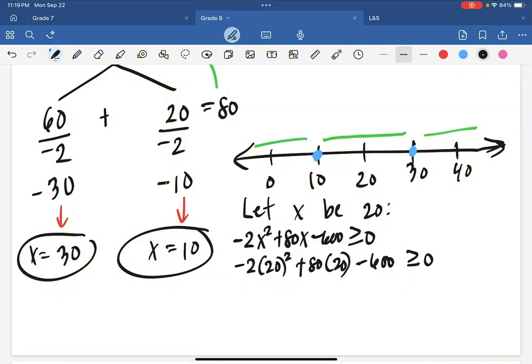I'm just gonna use my calculator since you're also allowed to use it. We get 200 as a result, and 200 is greater than or equal to 0, which means the numbers in between 10 and 30, including 10 and 30, would satisfy the given inequality. So this one is correct.